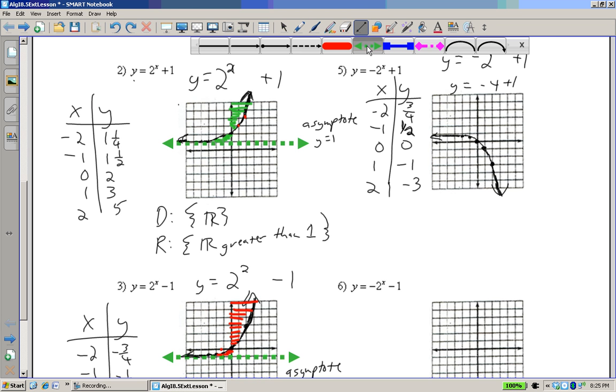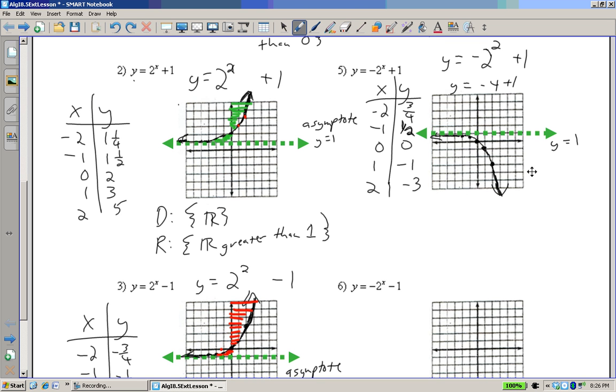All right, and our horizontal asymptote here at y equals positive 1. So the domain, again, you're going to be able to assign values throughout on the x-axis.